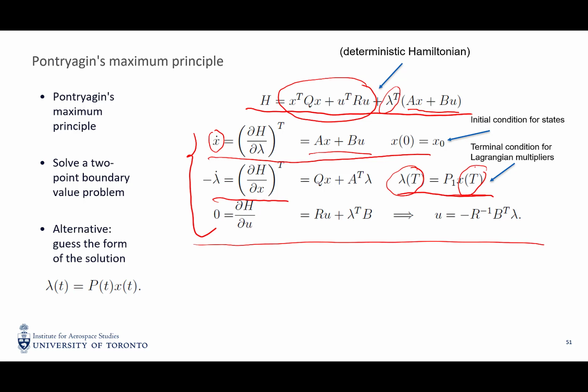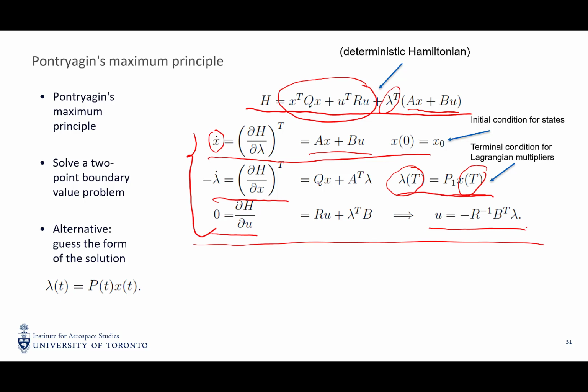Also, by taking the derivative of the Hamiltonian with respect to the control input, we also need to set it to 0. And this will give us a control output based on the Lagrange multipliers.